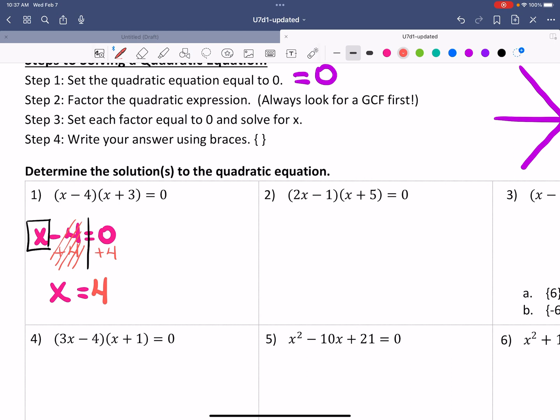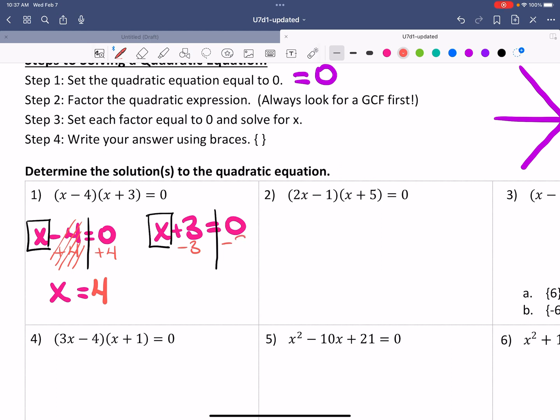So 0 plus 4 becomes 4. And you're going to do the same thing to the second factor, x plus 3. And so remember, the factors are the parentheses. Each parentheses is its own factor. You're going to set it equal to 0, and then you're going to solve for x. So to get x isolated, to get x by itself, you need to remove a plus 3. So opposite of plus 3 is a minus 3.